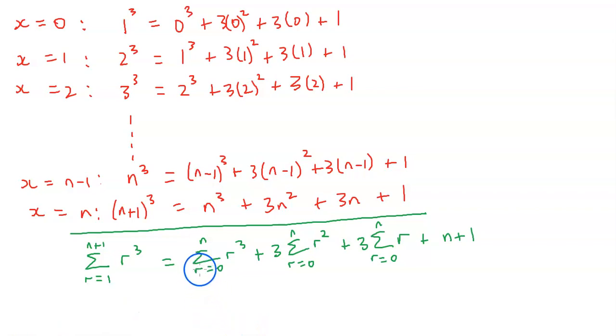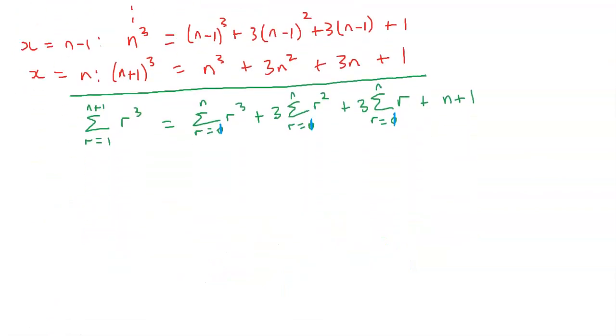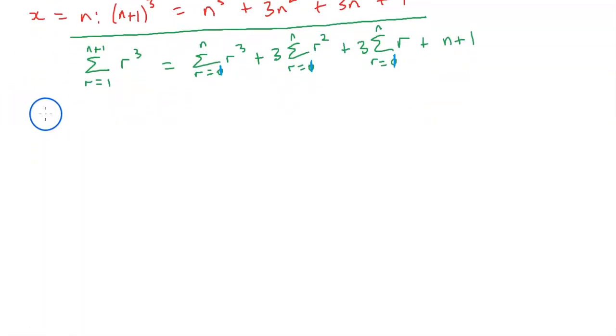Okay, next up, we can observe that even though we started at r equals 0 for these three, it doesn't matter because when r is equal to 0, all three of them are 0. So we can just ignore the 0th term and start from r equals 1. So that's no problem. And then here's where the beauty lies. Because we have the sum from r equals 1 to n plus 1 of r cubed.